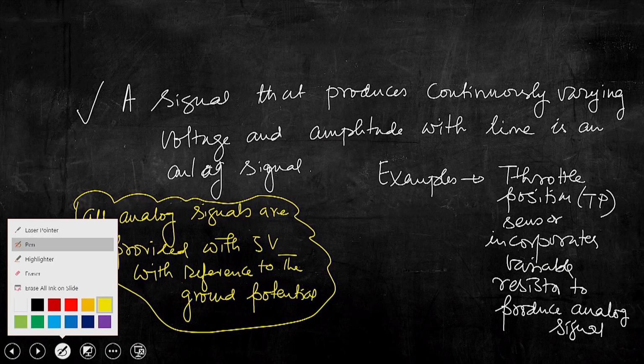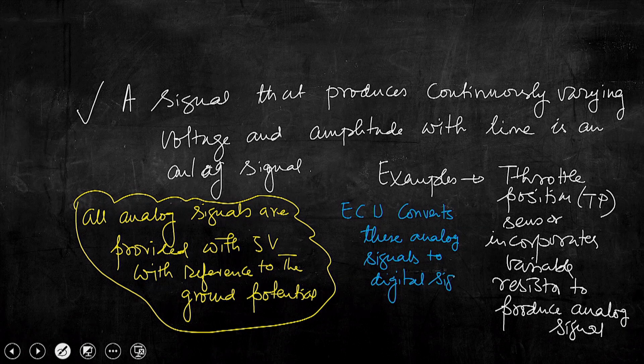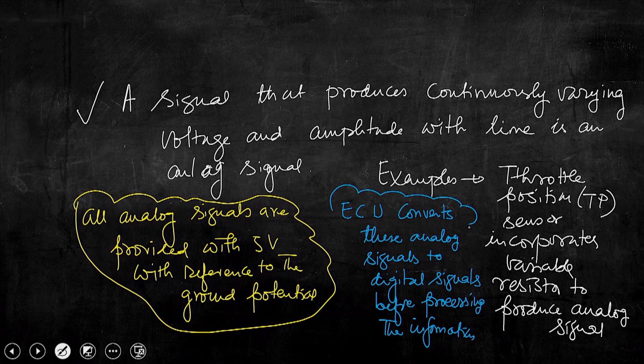So, if I write here just for the sake of completeness, the electronic control unit converts these analog signals to digital signals before processing the information, because the information will be given to the actuators to resolve the problem, to do some task.